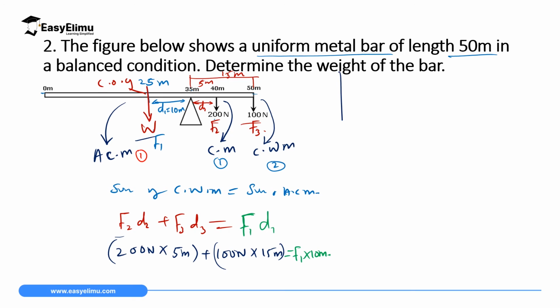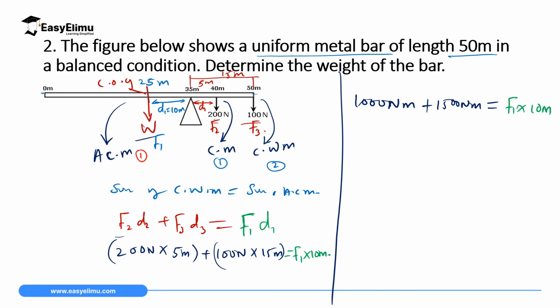Now I solve the left hand side: 200 times 5 is 1000 Newton meter, plus 100 times 15, that is 1500 Newton meter, equals the anti-clockwise moment, F1, which is the same as our weight, multiplied by the distance to the pivot, that is 10 meter.